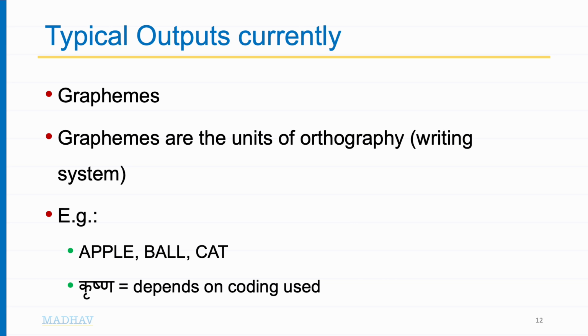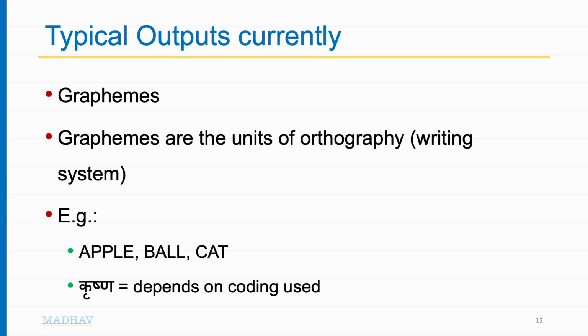So the modern ASR systems don't try to estimate phonemes or phones or syllables, but rather they try to directly estimate the graphemes. Just scalability is the reason.